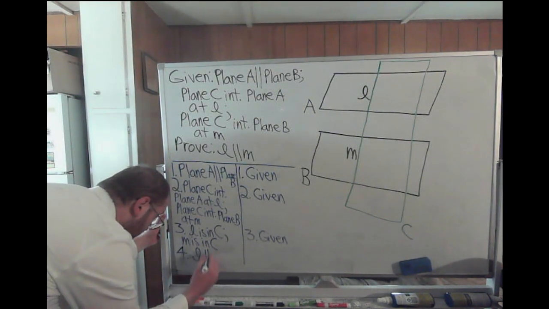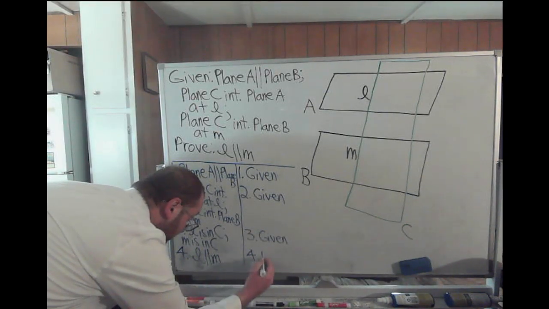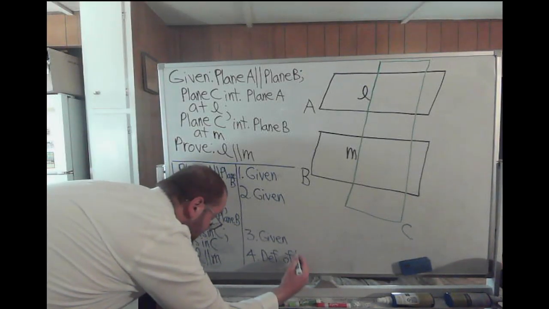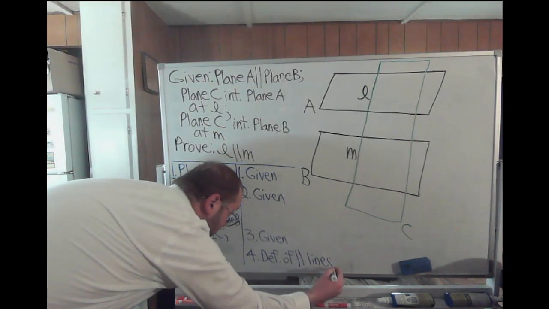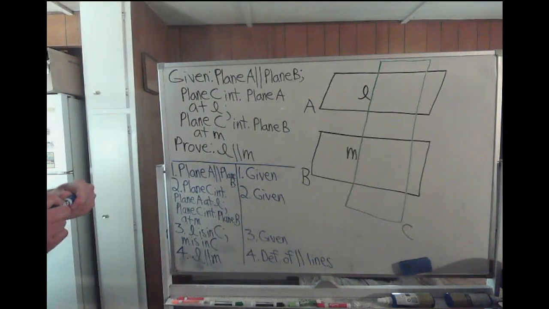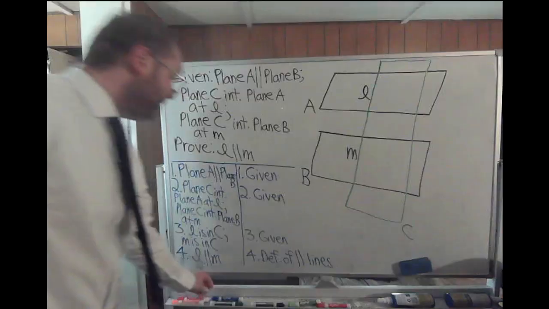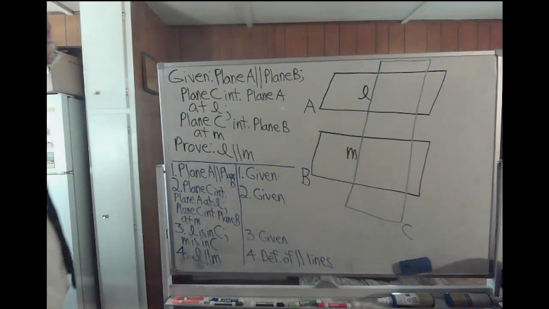Line L is parallel to M by the definition of parallel lines. We can say that L is parallel to M since we know that they don't touch. Line L is parallel to line M.